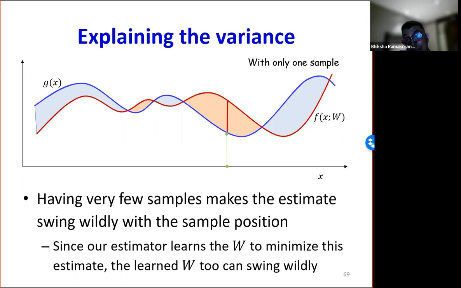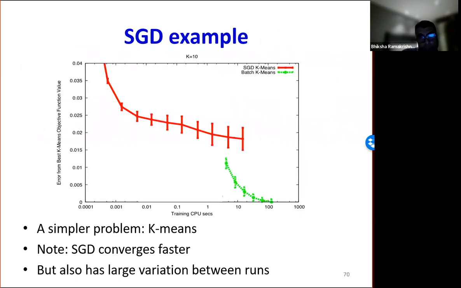your function is going to be wildly different, which is why when we perform SGD and you're always making a correction based on only one sample, there is so much variation across runs because you're randomizing your input, and the variance of the loss computed using just one sample is humongous.